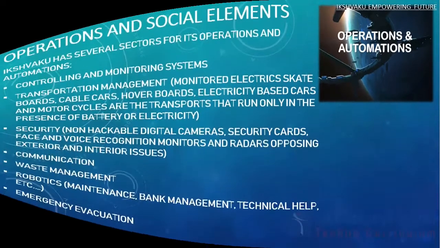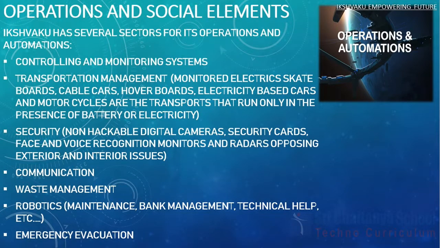Moving on are the operations and social elements. First, we will discuss operations and automations. Controlling and monitoring systems will be placed in the waste management sector, occupying 25% of the torus to control better. Ikshvaku uses transports like monitored electric skateboards, hoverboards, cable cars, hover loops, electricity-based cars and bikes.